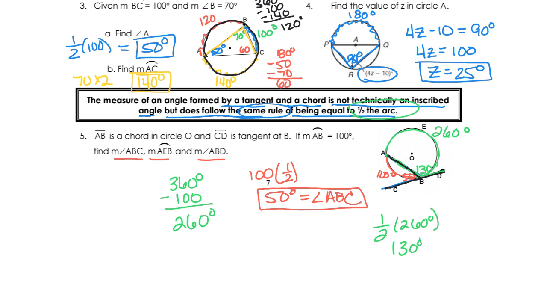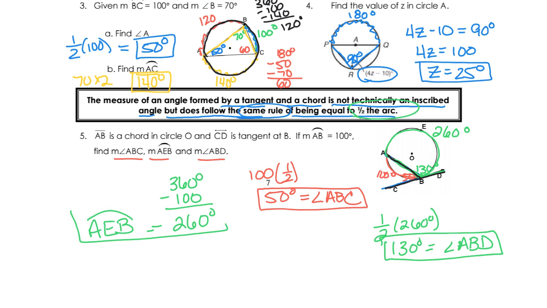And we could have just subtracted 50 from 180 to get 130 as well. So either way, this is angle ABD. And this was the measure of arc AEB. All right, and that question's done.